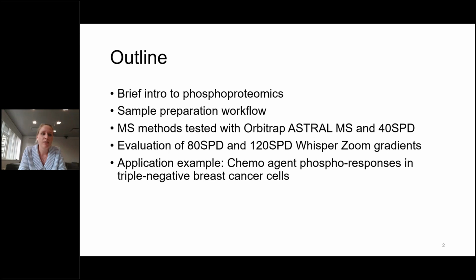Then I'll move on to an evaluation of the new 80 SPD and 120 SPD Whisper Zoom methods. And finally, if time allows, I have a few slides on an application example where we use the 80 SPD Whisper Zoom gradient on a high throughput setup where we looked into chemo agents in triple negative breast cancer and profiled the phosphoresponse.